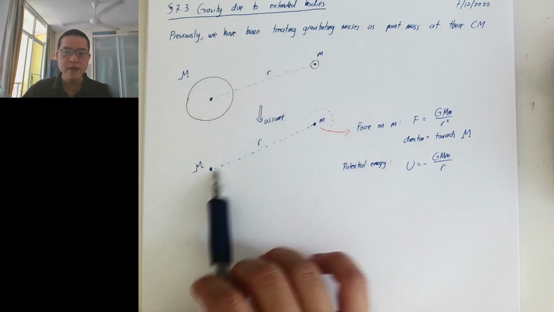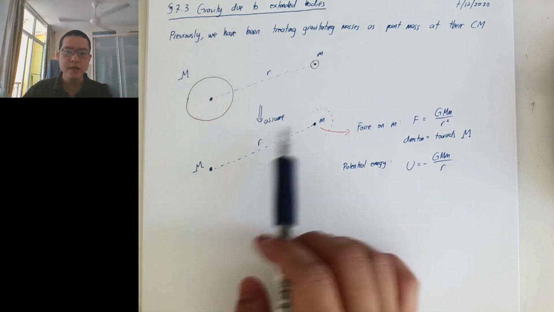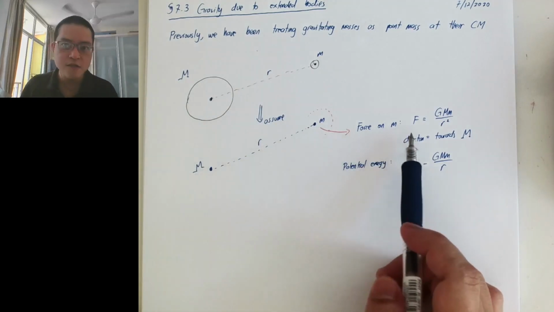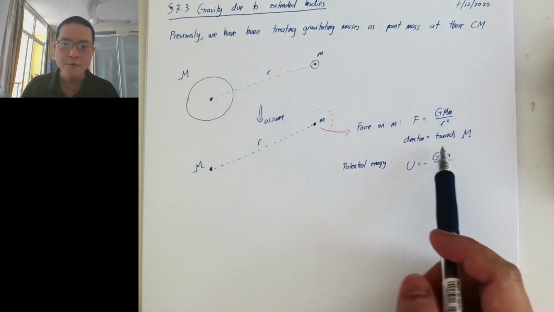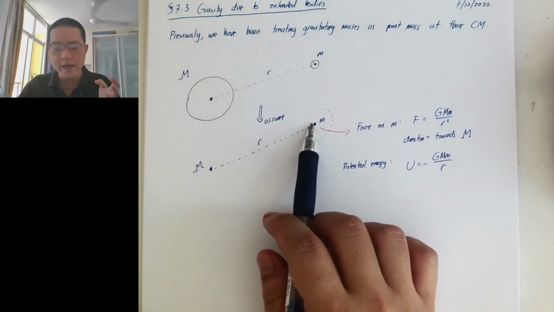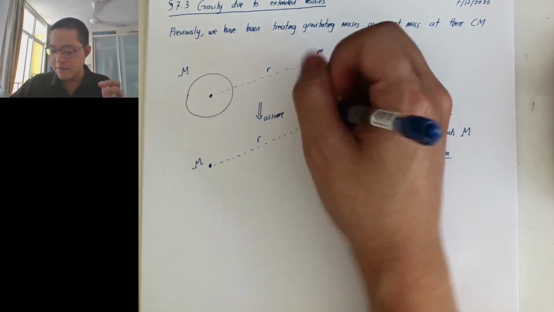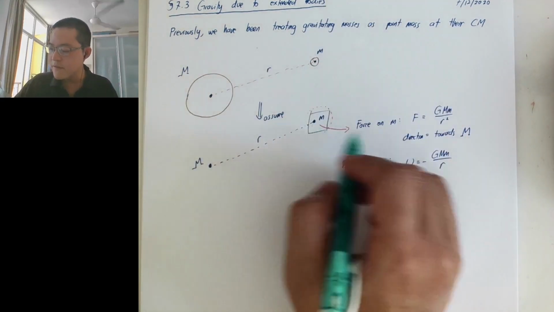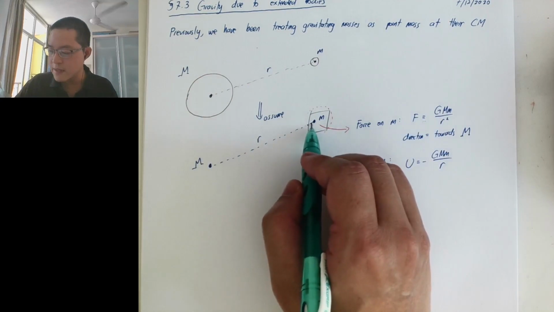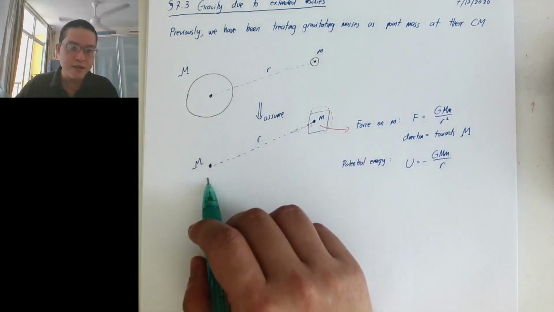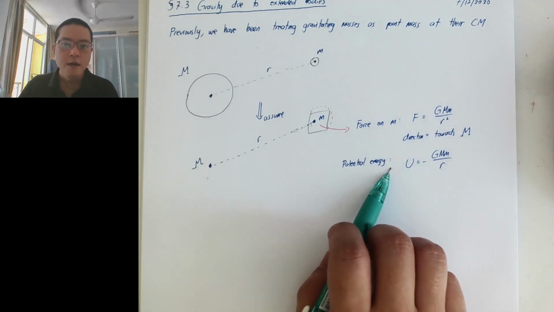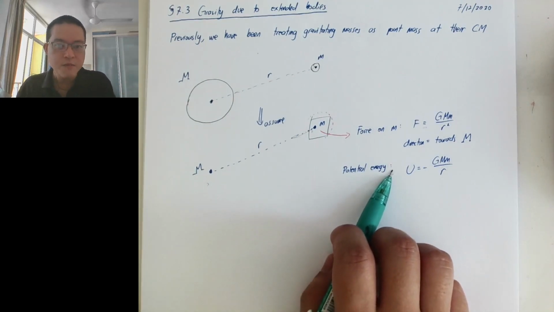We just look at the point mass and then we calculate the force. In the previous class, we calculated the force on the object and how to get the direction: for this small mass, the force has this magnitude and the direction is toward the other mass. And from there, we also learned how to calculate the potential energy.